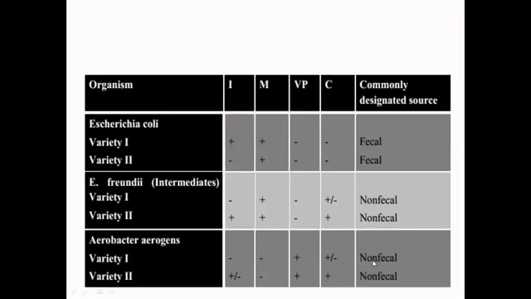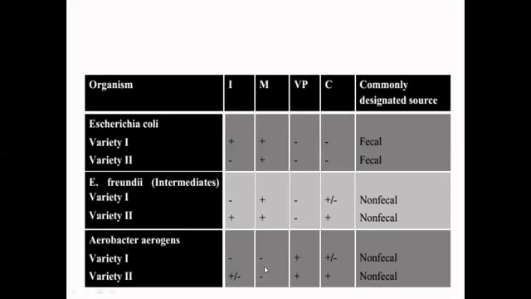It is a non-fecal coliform. So, with this chart, we can see that the indole test and citrate utilization have some conflict, but for methyl red and Voges-Proskauer, if methyl red is positive, Voges-Proskauer is negative, and if Voges-Proskauer is positive, methyl red is negative.